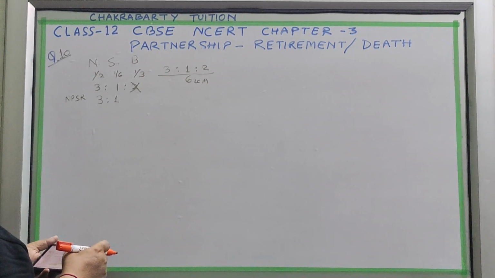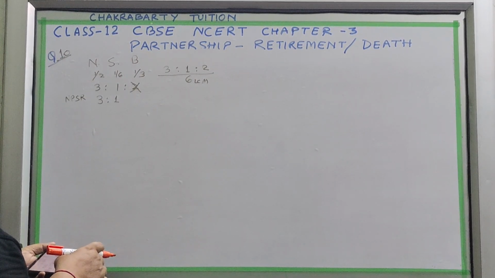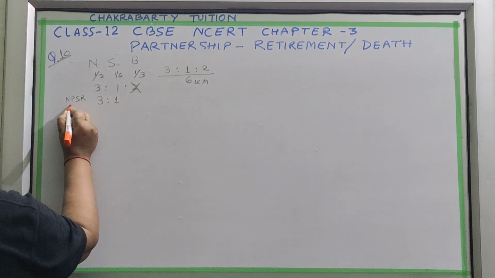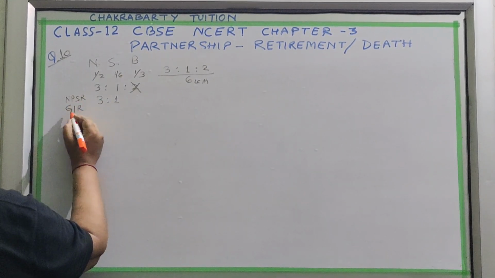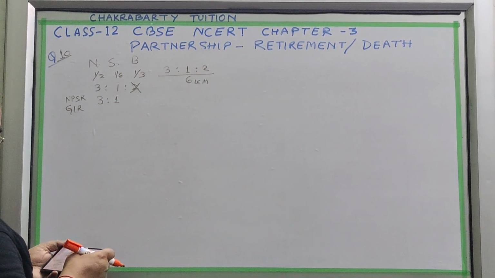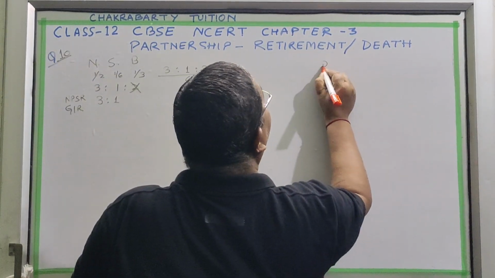So first we will prepare revaluation account. Here they have not given how the ratio is to be calculated, so this will be their gain ratio also, because in the question it is not given.